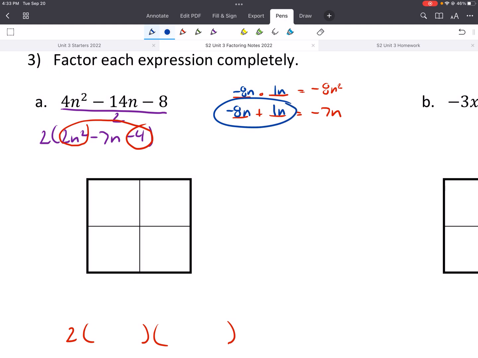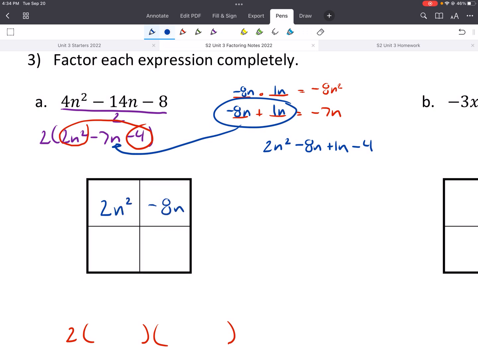So we'll have 2n squared minus 8n plus 1n minus 4. And that's what we can plug into the box.